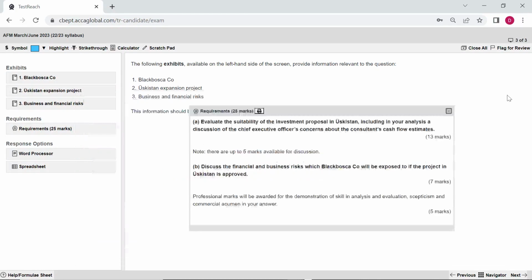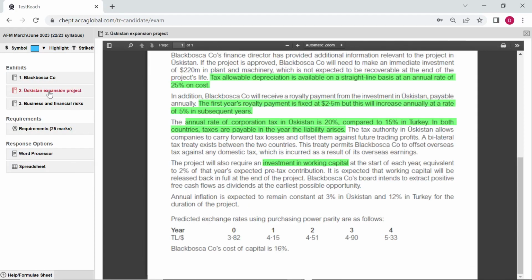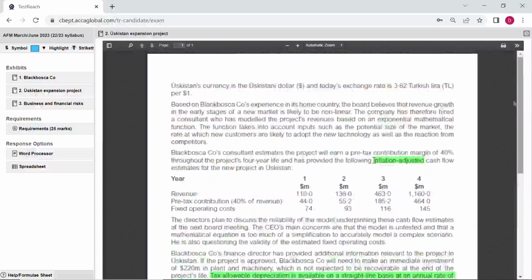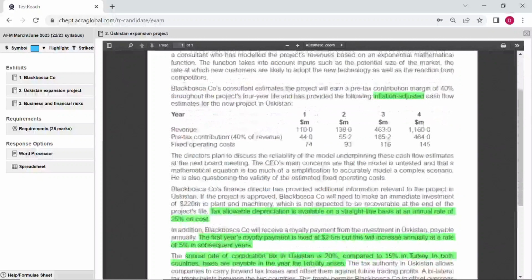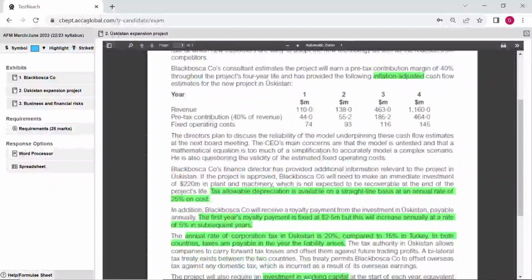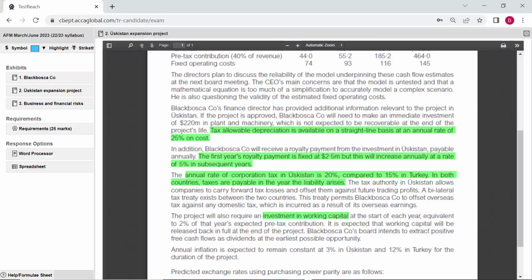And I know I have to evaluate for 13 marks this project, and I've highlighted a few of the key points. I'm given some inflation-adjusted cash flows for 4 years, and what isn't yet in the analysis is the effect of tax allowable depreciation and the tax rate, and a royalty payment is mentioned, and there's some investment in working capital, which I'm told will be 2% of that year's expected pre-tax contribution.